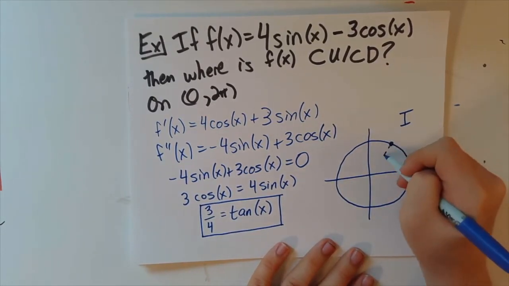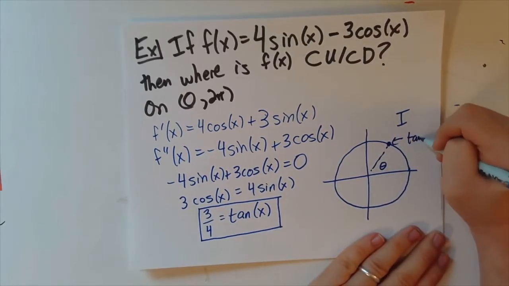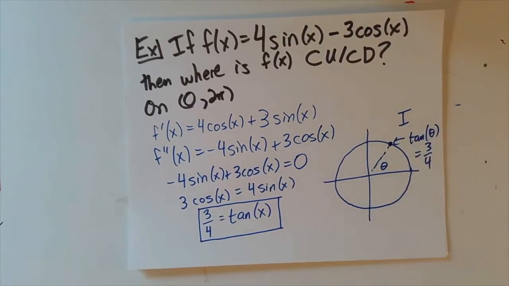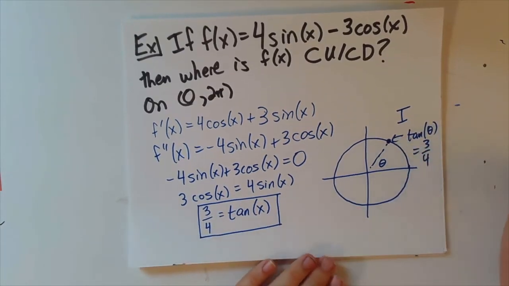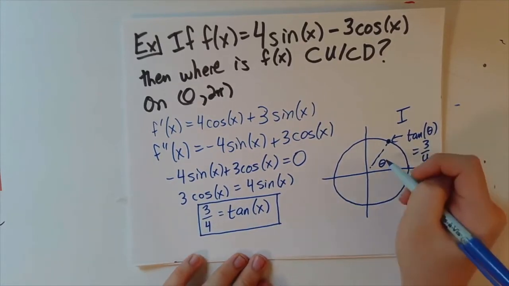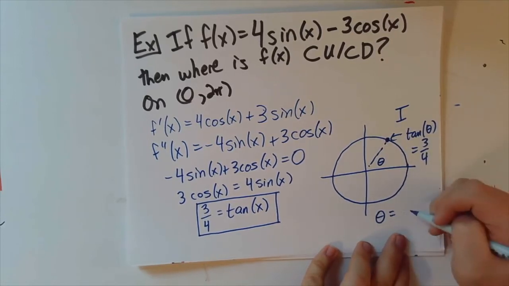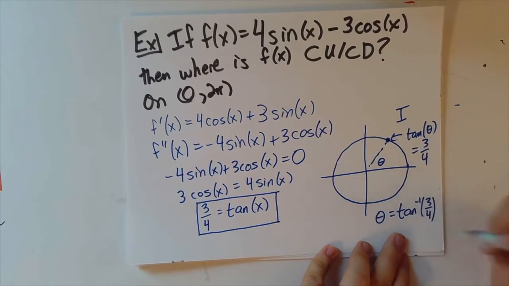So there's some angle where the tangent of this angle is 3/4. But it's not one of the things that's on our unit circle handout that we've gotten used to looking at. But we have a way to figure out what this angle is. Namely, we have inverse trig functions. So we can write here that this theta, the one in the picture, is the inverse tangent of 3/4.